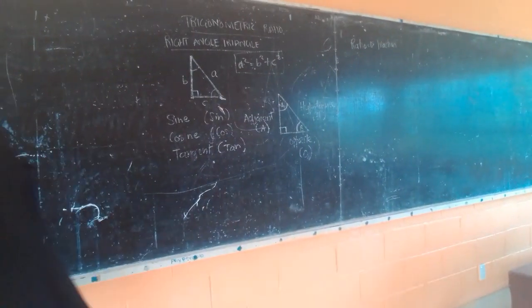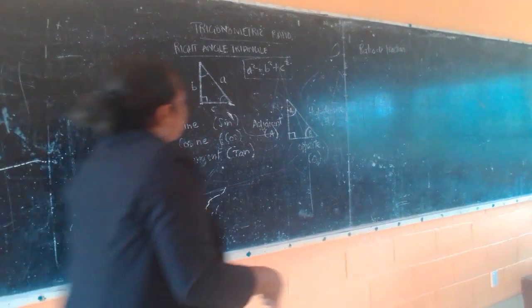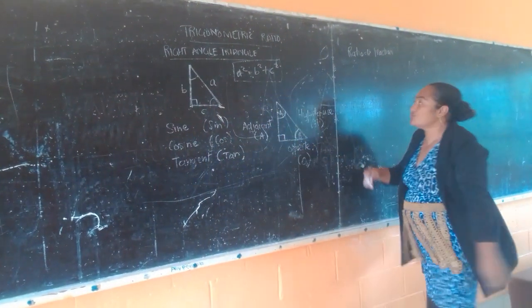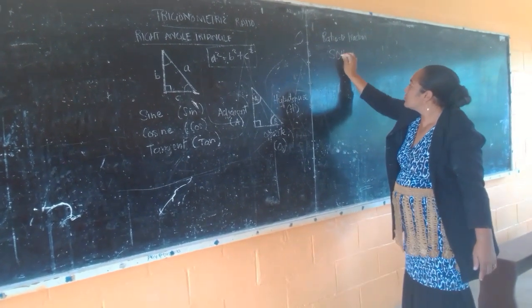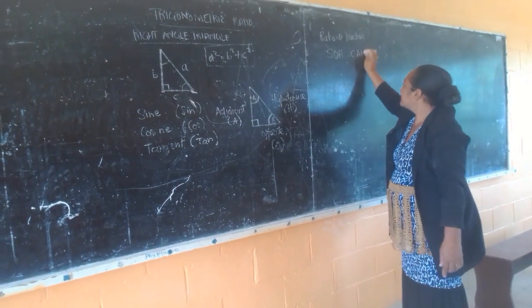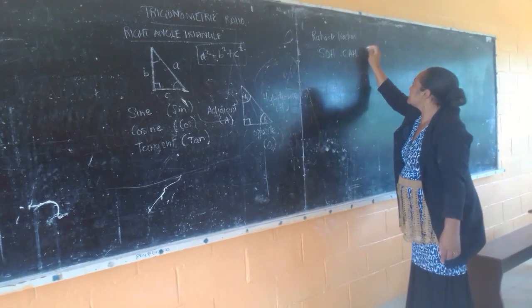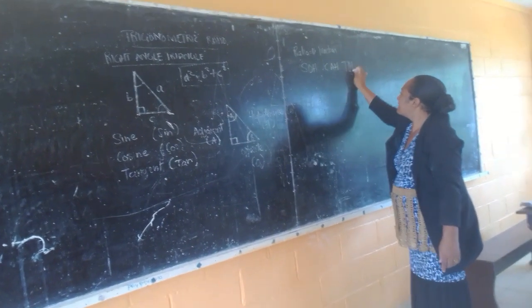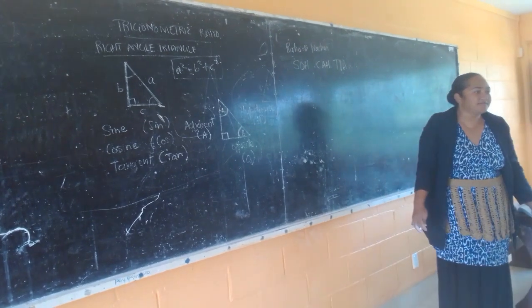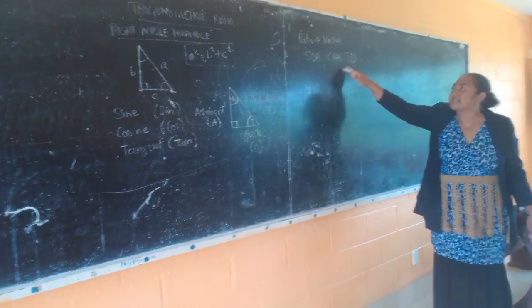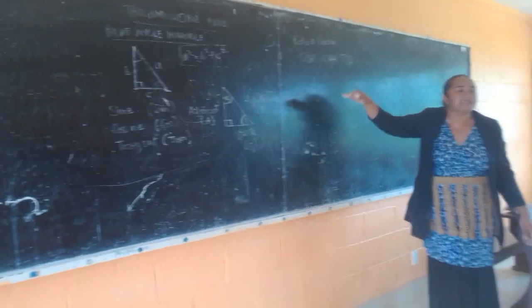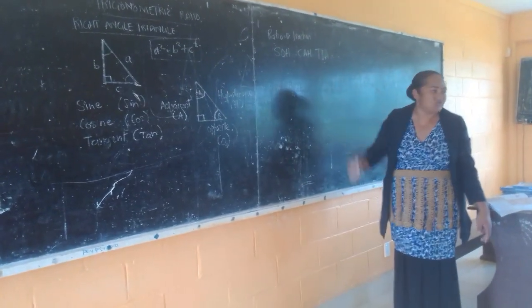So S is for sine, and the short form is soh cah toa. It's going to sound funny to us. Ask any mathematician and they will not understand what you mean by soh cah toa.